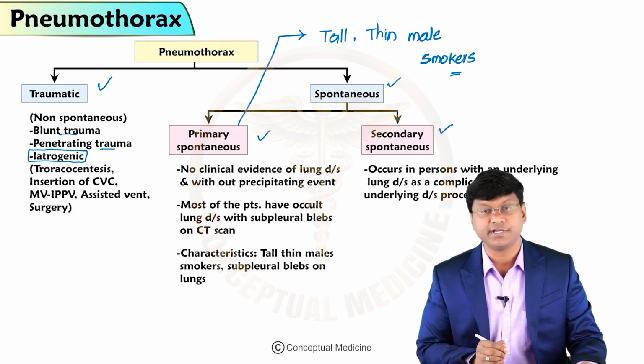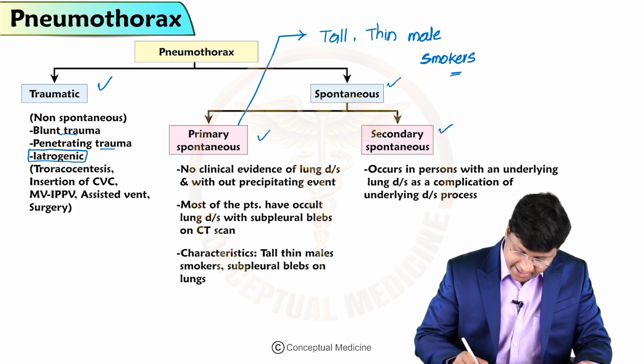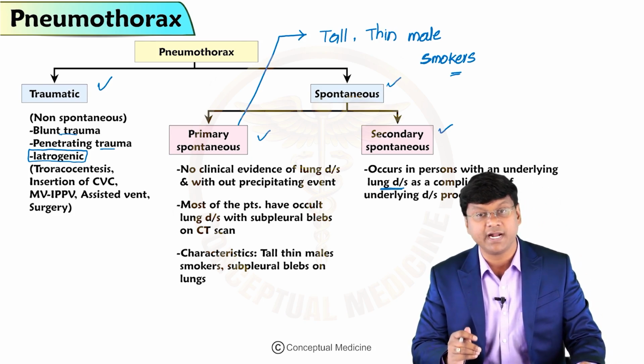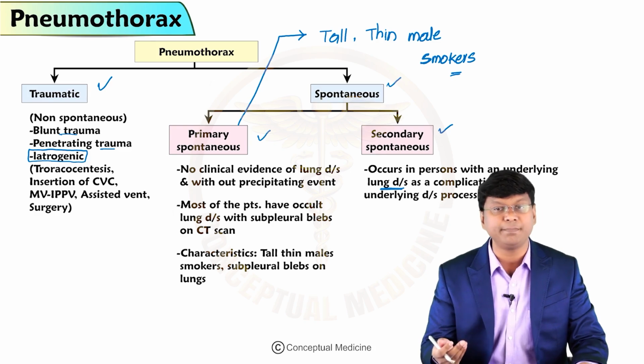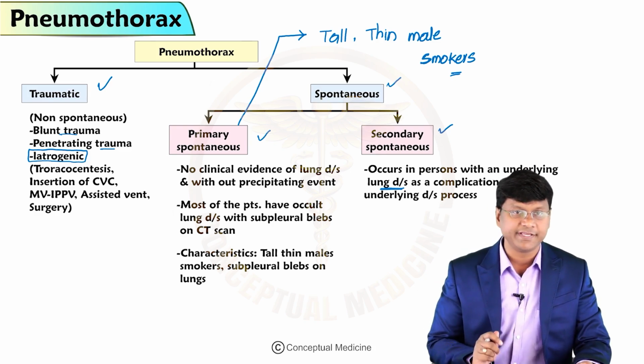Whereas secondary spontaneous pneumothorax is the one which occurs in the presence of an underlying lung disease, or as a complication of an underlying lung disease. So that is about the classification of pneumothorax.